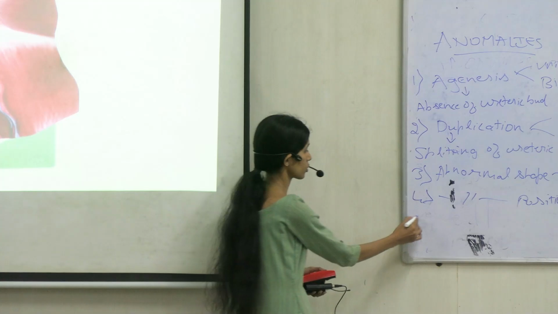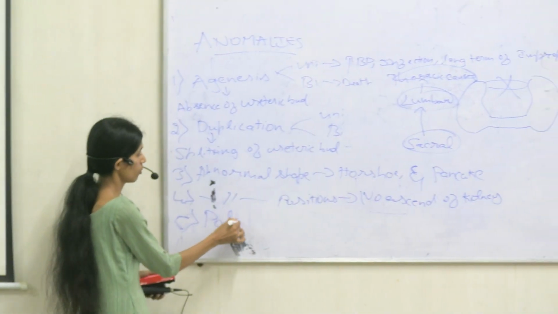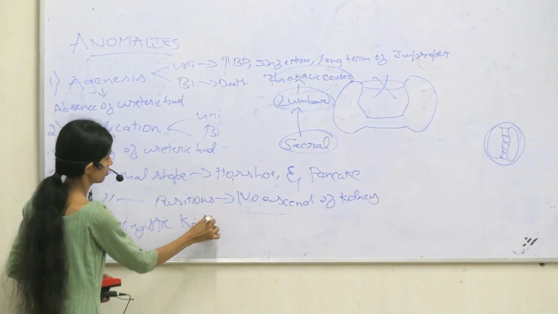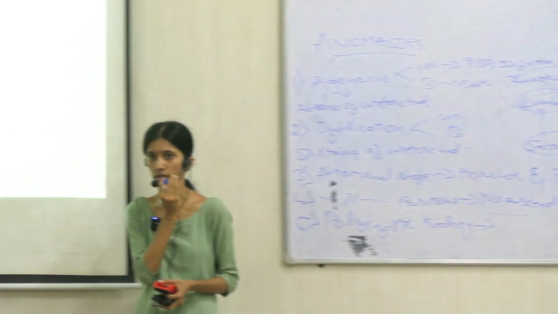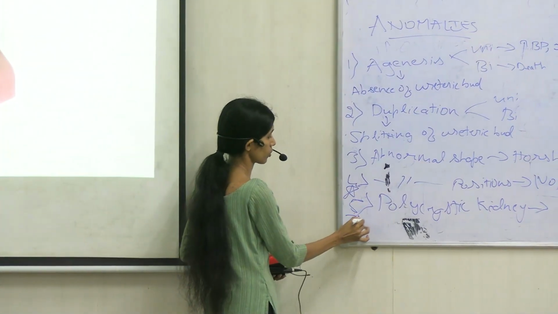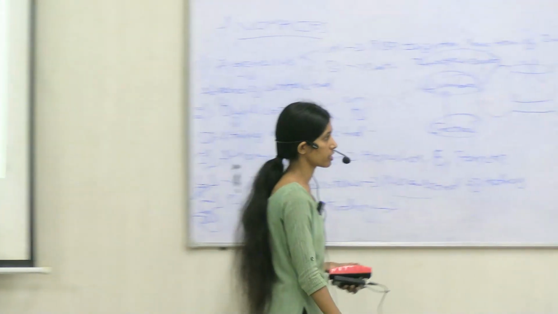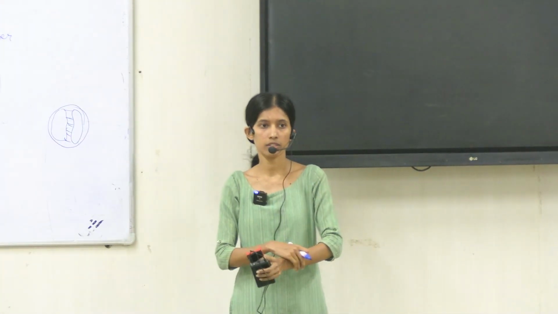And the next one is polycystic kidney. Polycystic kidney is a 3-mark question. This is an important question, a 3 marks question. So remember the vesicles and ampulla. What happens?